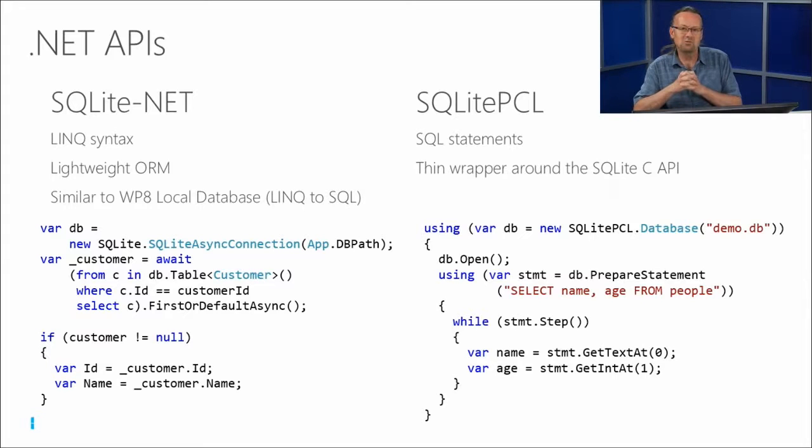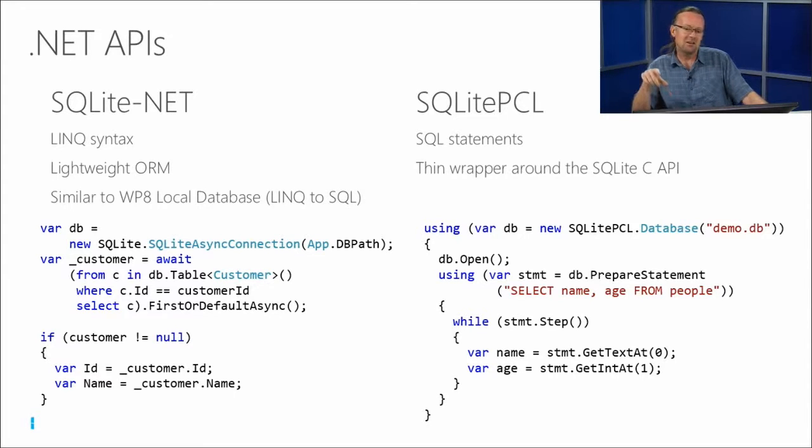If good old-fashioned SQL statements are more to your preference, then there's a couple of wrappers. There's actually one called SQLite WinRT that was created by Peter Torr and shown at Build 2013. I've been working with him and supporting another wrapper called SQLite WinRT, and actually I spent quite a lot of time last year talking about it.